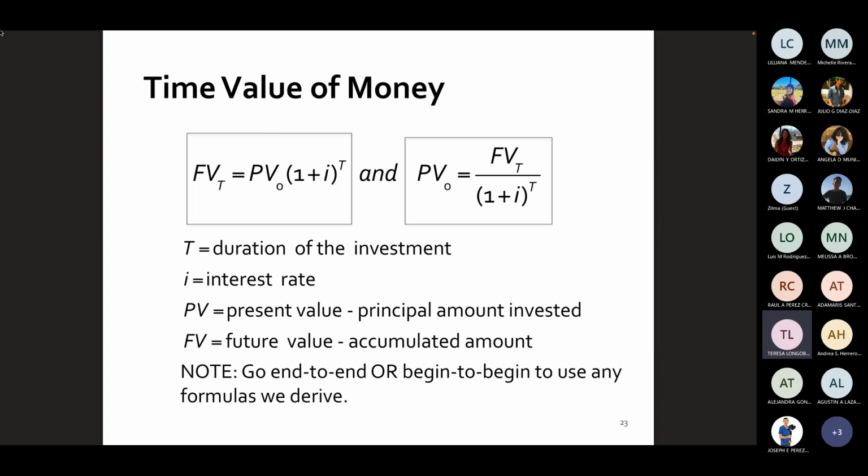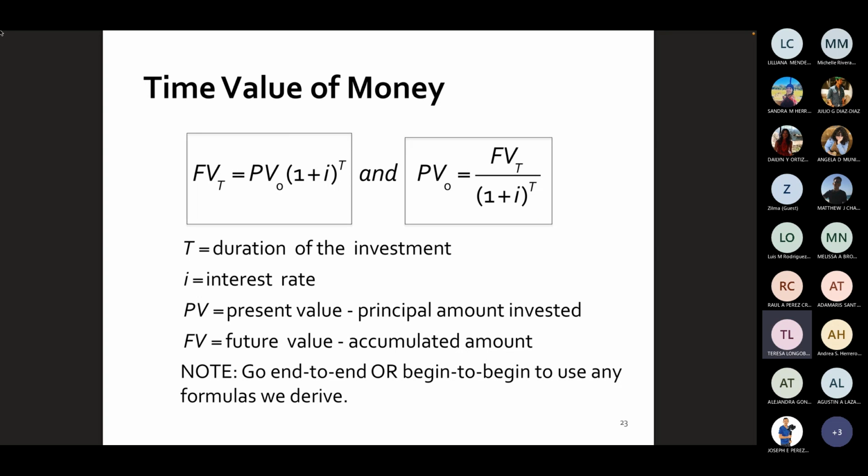Okay, ready? Okay, so we have one relationship, but you can see it in two ways, or I could isolate for all the different variables using the analytical solutions, but I'm just presenting them both like this, just to remind you that this is the accumulation factor, 1 plus i to the t, and the discount factor is 1 over 1 plus i to the t.